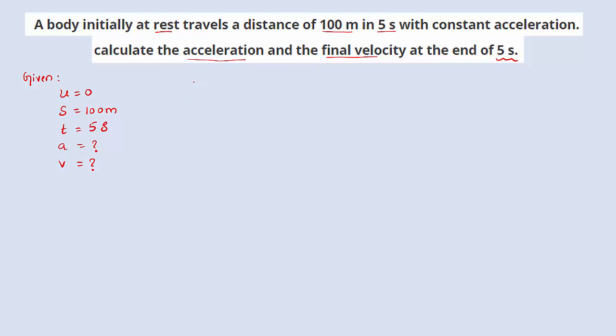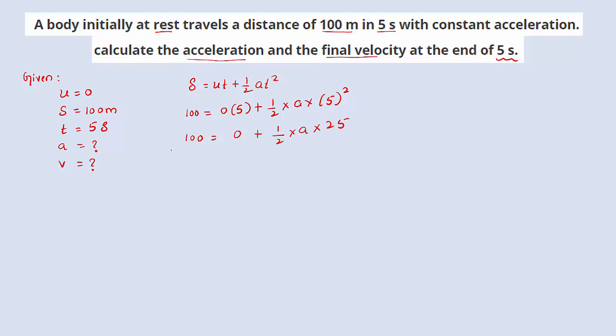So first we want acceleration. The suitable equation is S equals ut plus half at square. S is already given here, so in place of S we can write 100. U is 0, time is 5 seconds, plus 1 by 2 into a into time 5 square. So 100 equals 0 into 5 which is 0, plus 1 by 2 into a, 5 square will be 25.